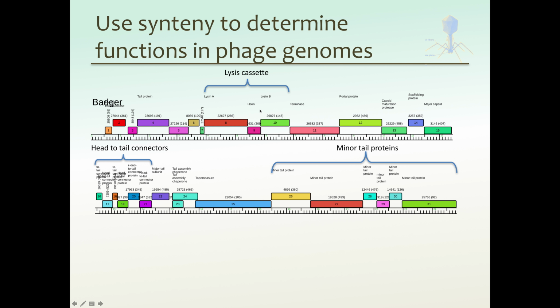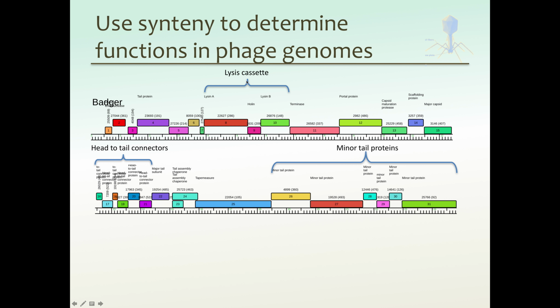So what I'm asking you to do is to use synteny to determine functions in the phage genomes. This is the genome of Badger, which is, I think, a cluster A4 genome, and it's a genome that I helped annotate, and that's why I chose it. And you can see that there's some strange things on the very left end. There's an HNH endonuclease here. There's something called the tail protein, which isn't very specific.